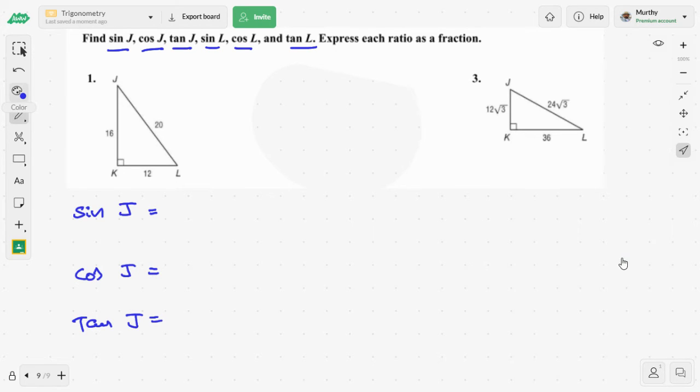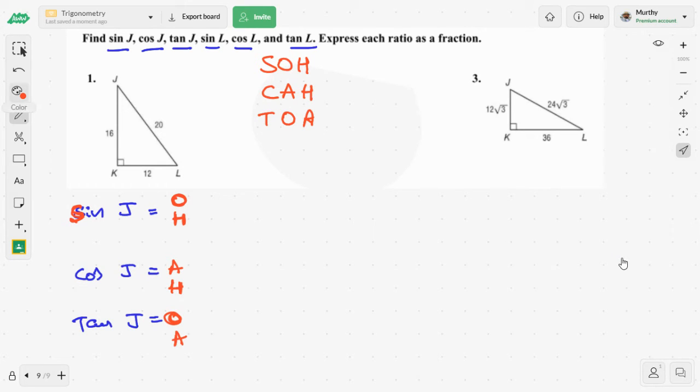First of all, you remember SOHCAHTOA. SOH, then CAH, TOA. You keep writing it again and again so that you will never forget.